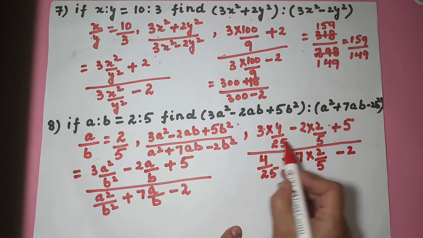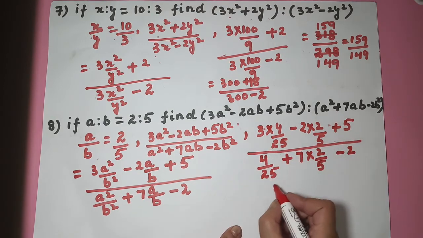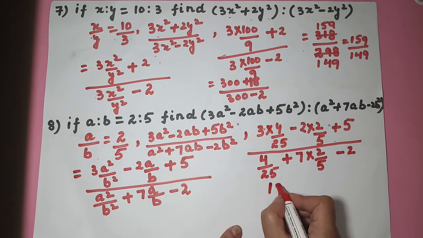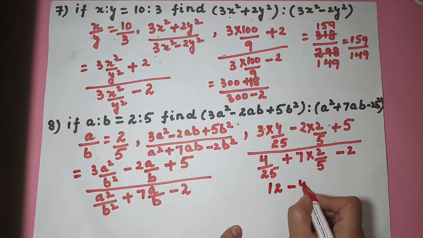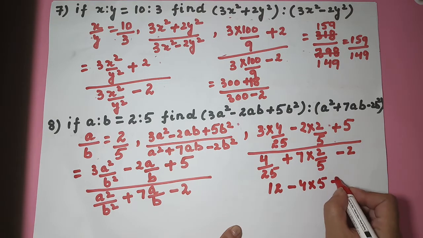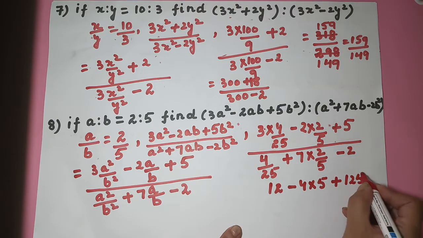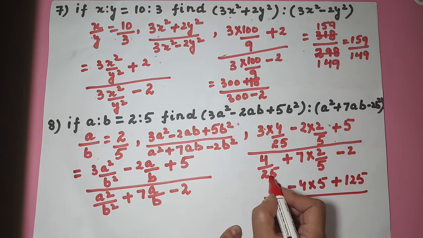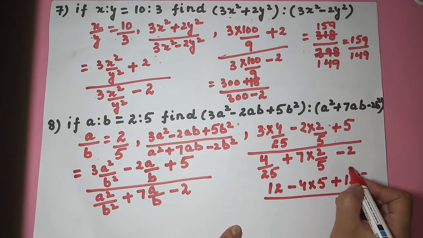So, if we take 25 as the LCM in the numerator, what do we get? 12 minus 4 into 5 plus 125, because I am taking 25 as the LCM. Same, I am taking 25 LCM in the denominator.